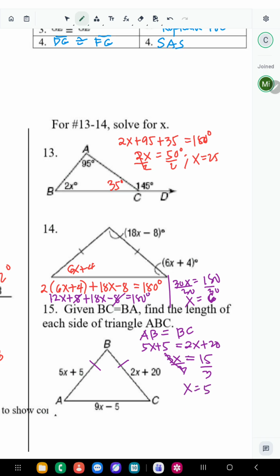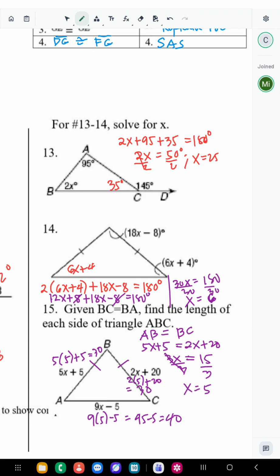Now we can solve for the length. This is 5 times 5 plus 5 is 30, right? 5 times 5, 25 plus 5, 30. This is 2 times 5 plus 20. 10 plus 20 is 30. This one is 9 times 5 minus 5, 45 minus 5 is 40, right? 45.